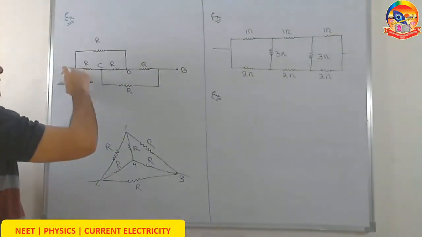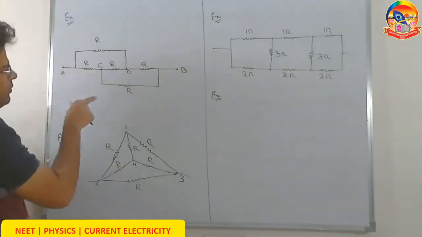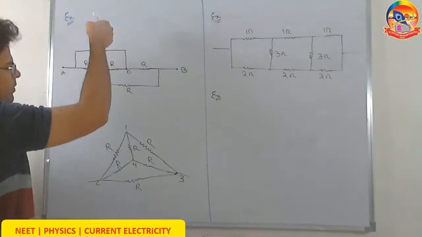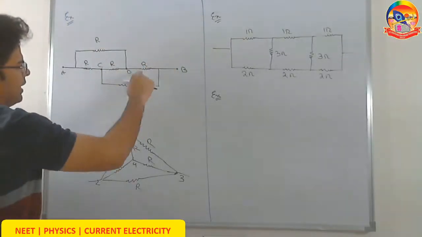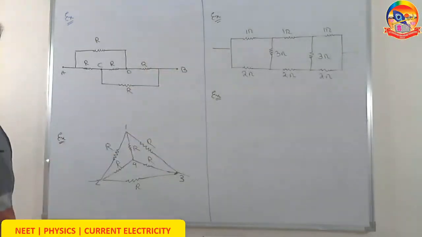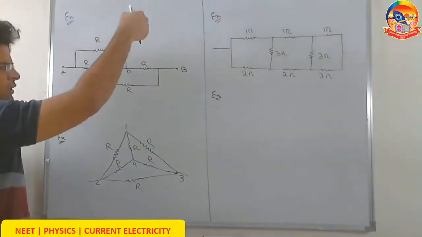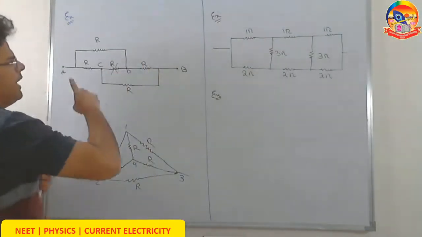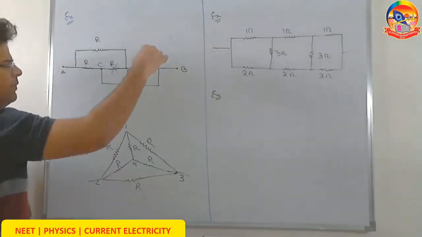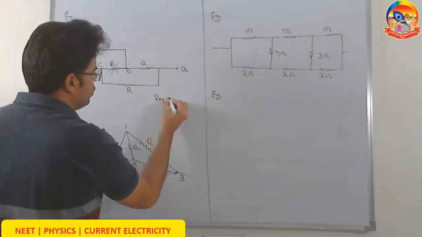Then you can see this resistor is connected between AD, this between AC, this between CD, this between DB, and this between CB. So it is a Wheatstone bridge. In this circuit, no current will flow through the resistor connected between C and D. So the resistance of the upper line will be 2R, the lower line will be 2R, and 2R parallel to R, the equivalent resistance in this case comes out to be R.